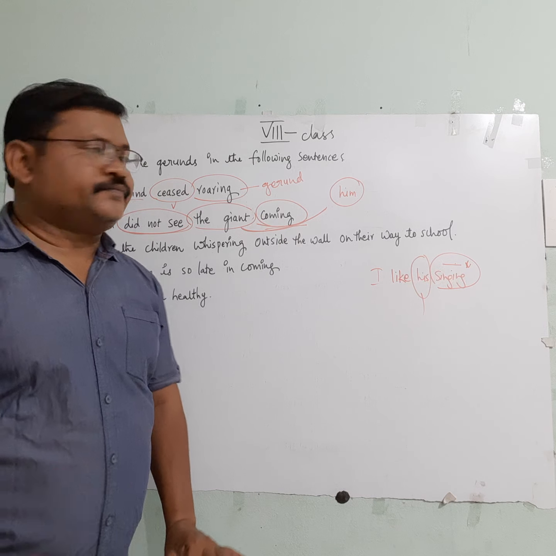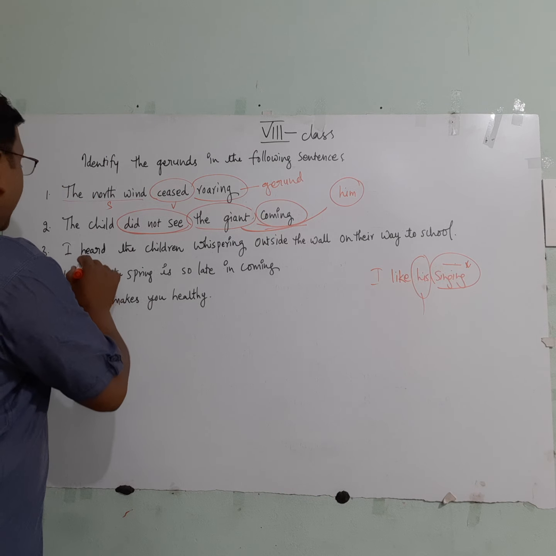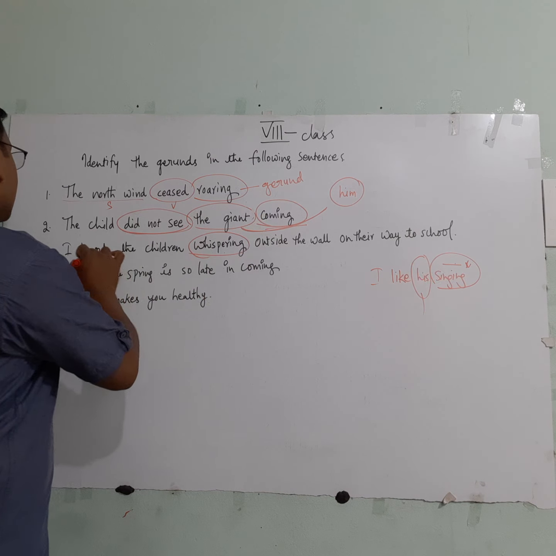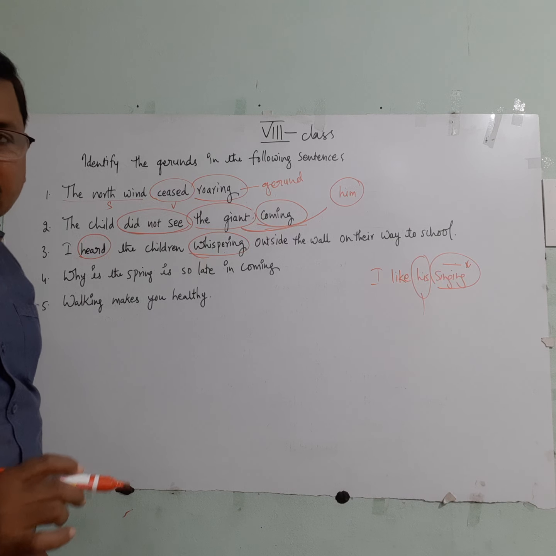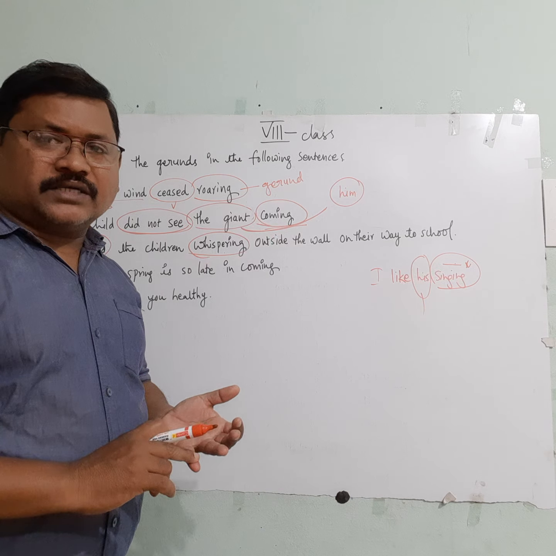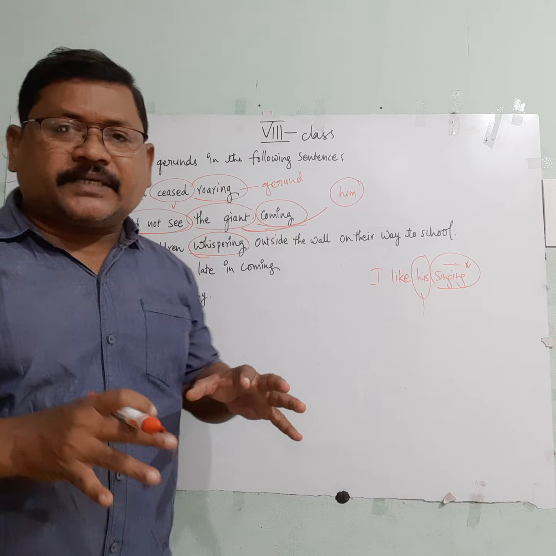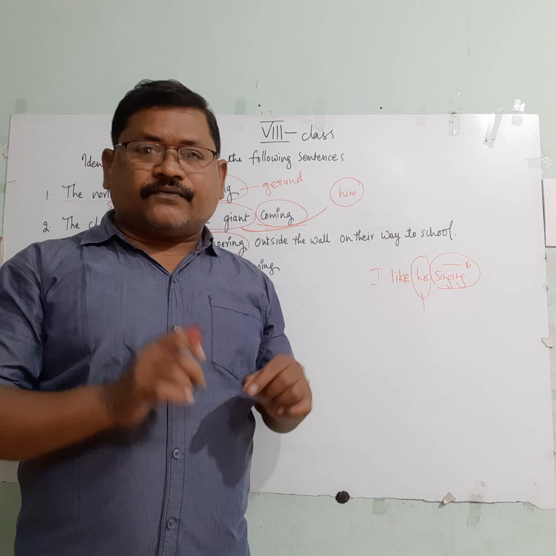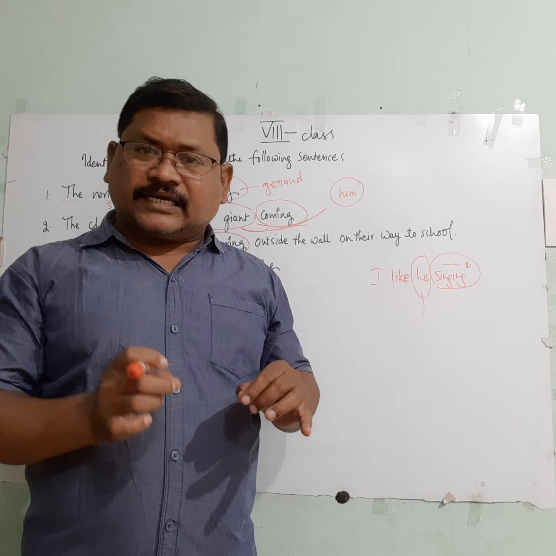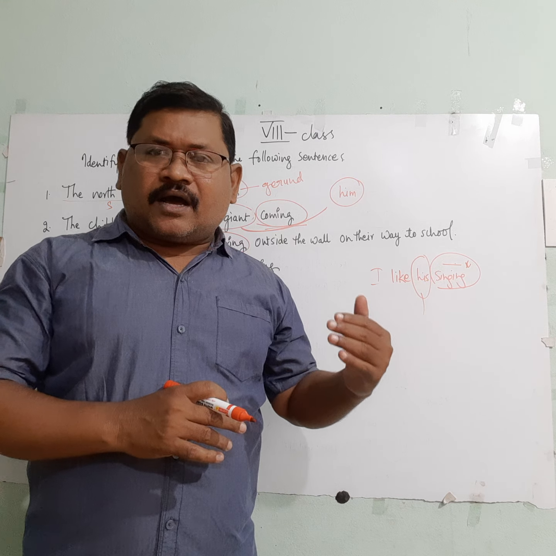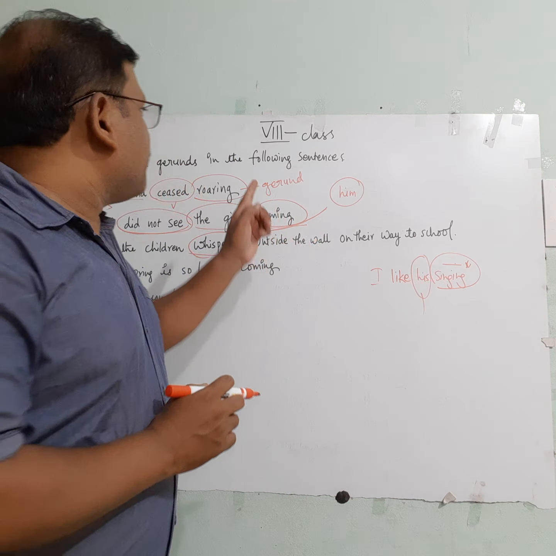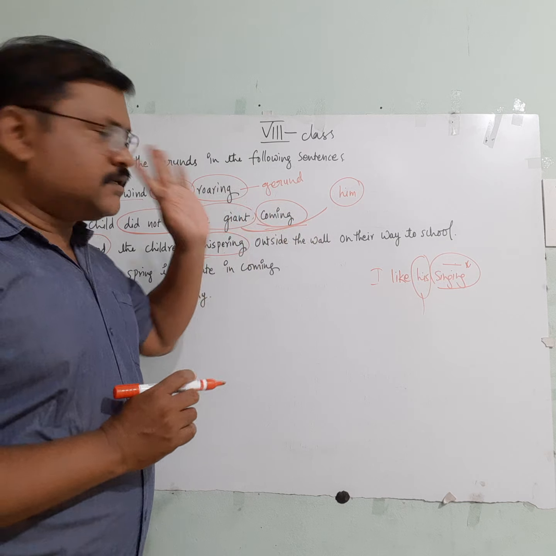Are you following me? Next, I heard the children whispering. Here whispering is V1 ing. Heard is also a verb of perception. Smell, hear, listen, taste, look, watch: these are called verbs of perception. When you find these verbs of perception in the sentence and the V1 ing is followed by a pronoun which is in objective case, that V1 ing is called present participle.